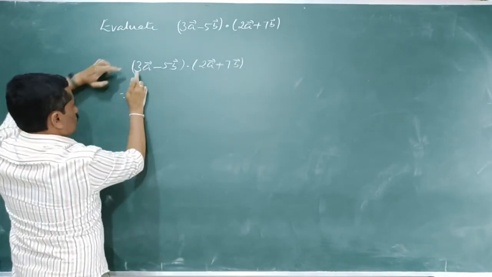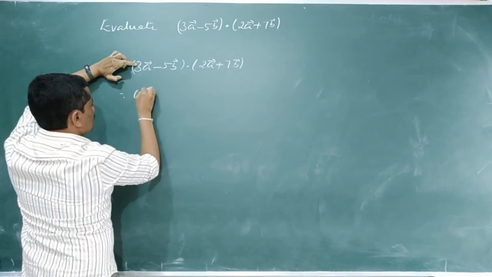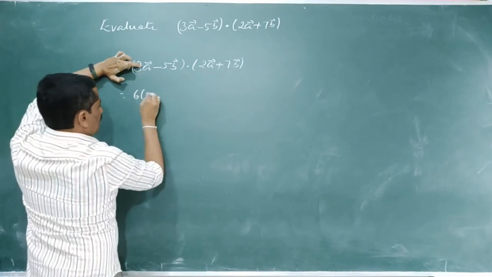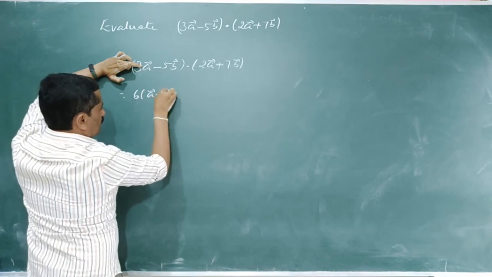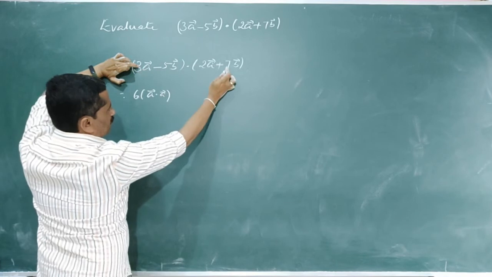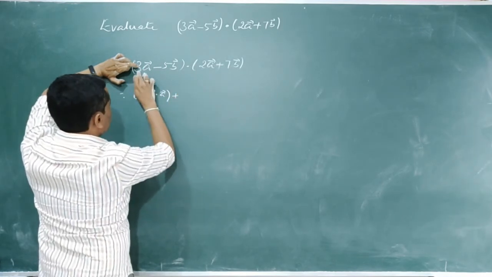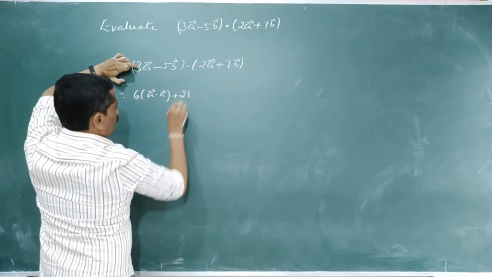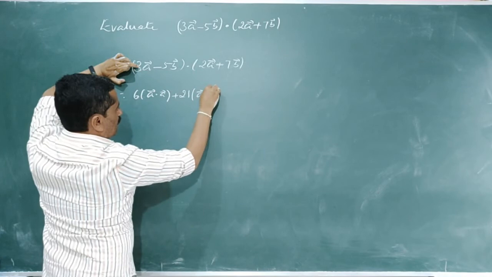Again that is equal to 3a bar dot 2a bar, 3 into 2 we have 6, a bar dot a bar. Again we have plus 3a bar dot 7b bar, that is 3 into 7 we have 21 of a bar dot b bar.